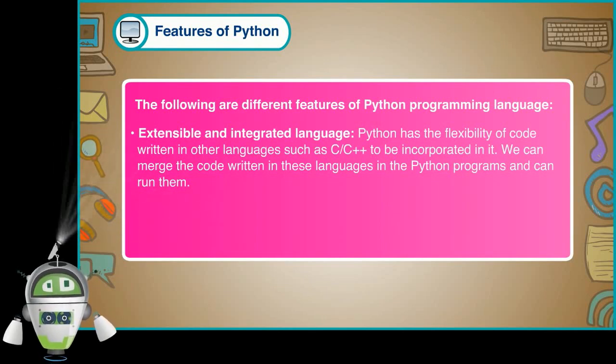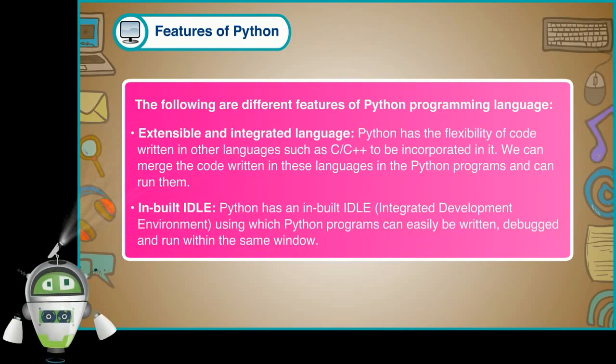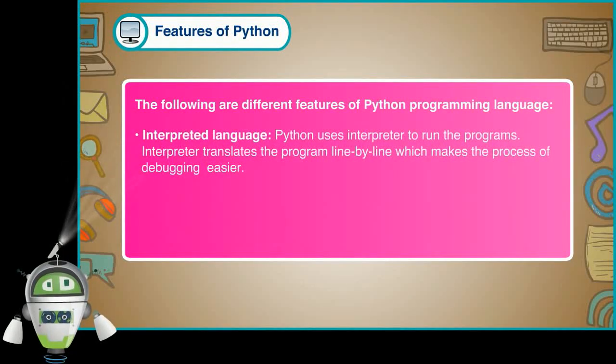We can merge the code written in these languages in the Python programs and can run them. Inbuilt IDLE. Python has an inbuilt IDLE, integrated development environment, using which Python programs can easily be written, debugged, and run within the same window. Interpreted language. Python uses an interpreter to run the programs. The interpreter translates the program line by line, which makes the process of debugging easier.